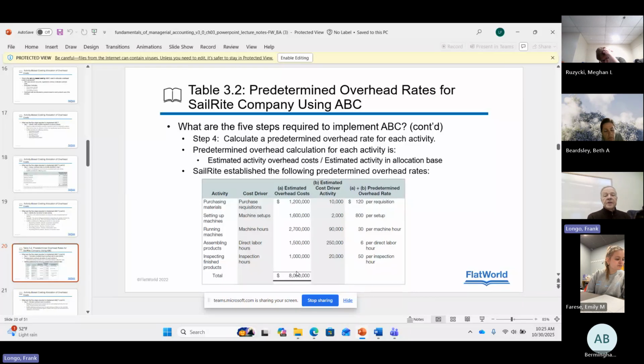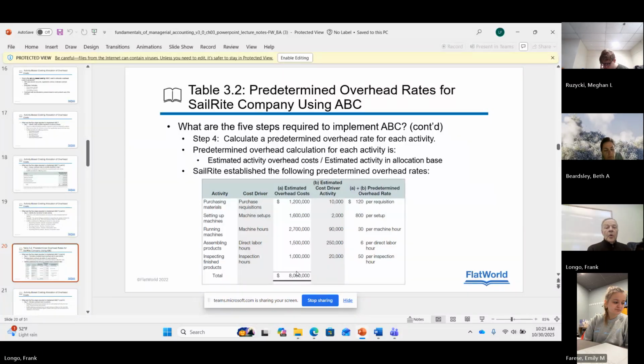So for purchasing materials, we've determined that the activity will involve 10,000, this is over the course of the year, 10,000 activities that are all related to purchasing materials.